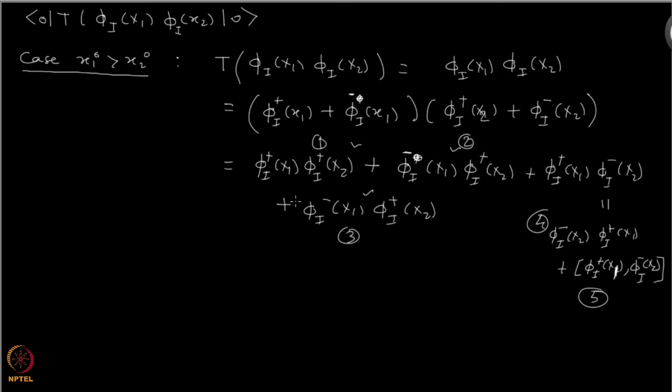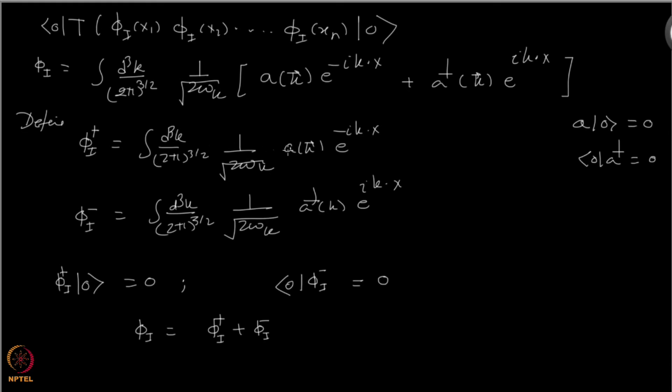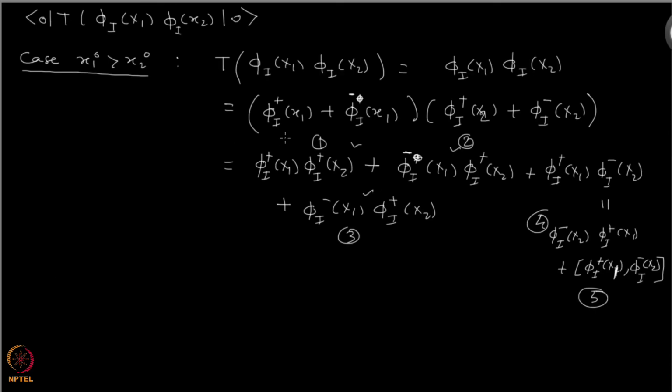And of course, if you have both pluses, then it doesn't matter, because pluses contain a's, and a's commute. So the order does not matter here. You can write whichever way you want. But here the order matters. So eventually we have four terms which kill the vacuum and one term which does not kill the vacuum, which is a commutator.